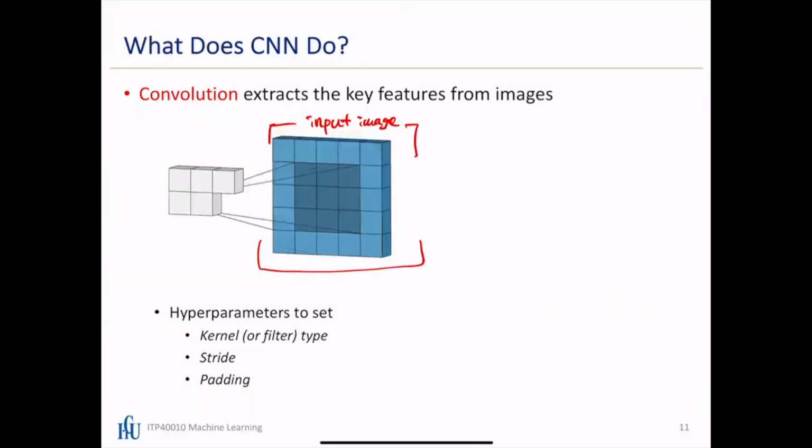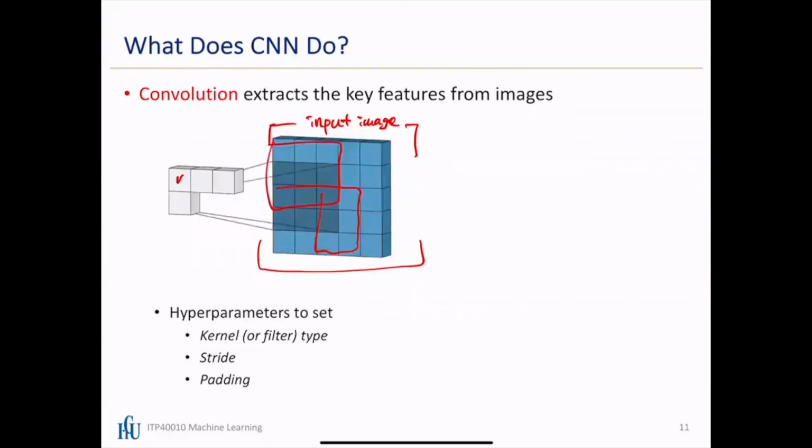And this image is sent to some operator that is a convolutional operator. So this dark square that is moving around is a convolution operator. This convolution operator is summarizing this 3x3 area of the image. Each time the output goes to the other side.